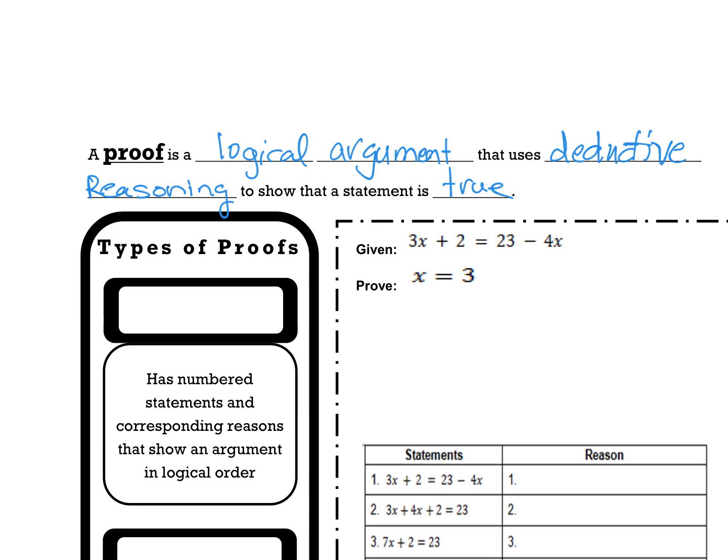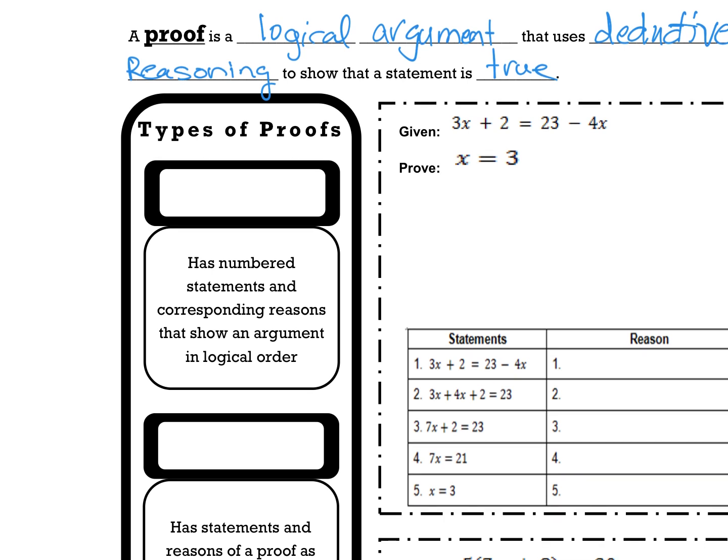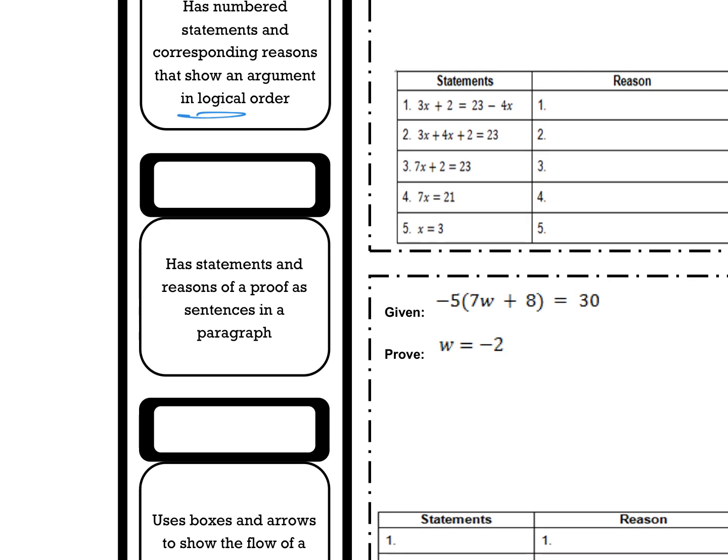We have 3 different types of proofs. The one that we spend most of our time with in geometry is a 2-column proof. It has numbered statements and corresponding reasons to show that the argument is in a logical order. The key word here is logical. You also can do a paragraph proof.